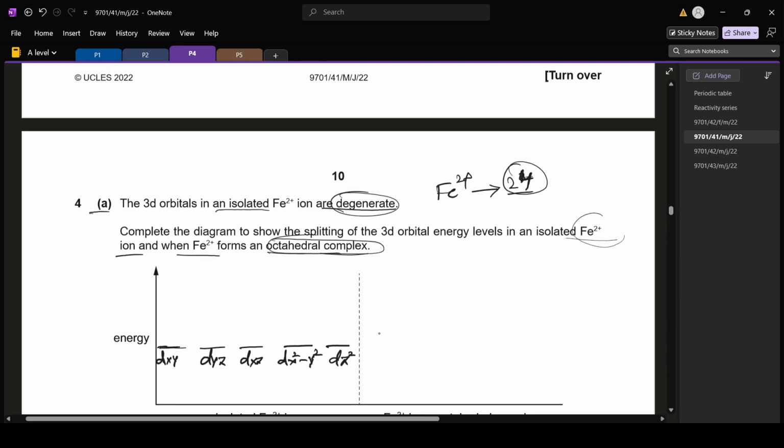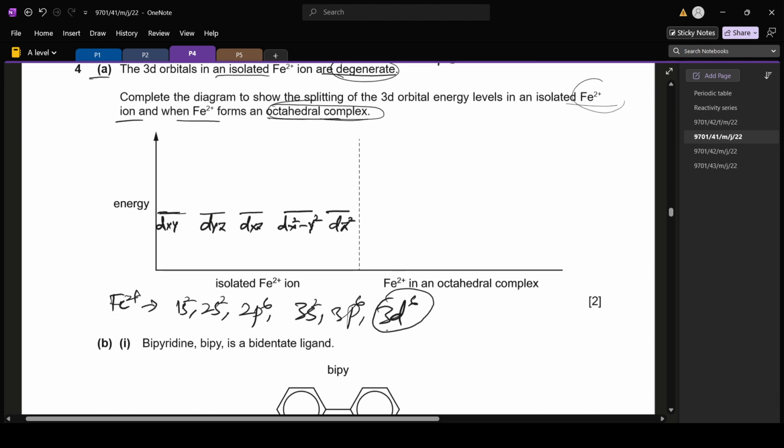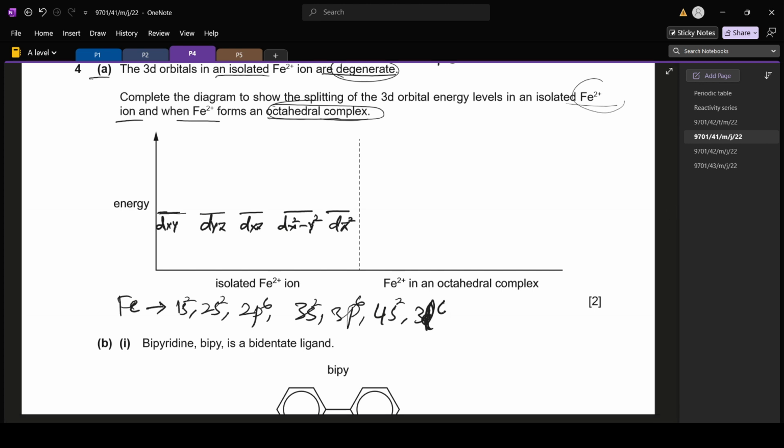Firstly, just write the electronic configuration of iron, the iron atom. It's going to be 4s2 and 3d6. Then for iron 2+, this is going to be 4s0 and 3d6.